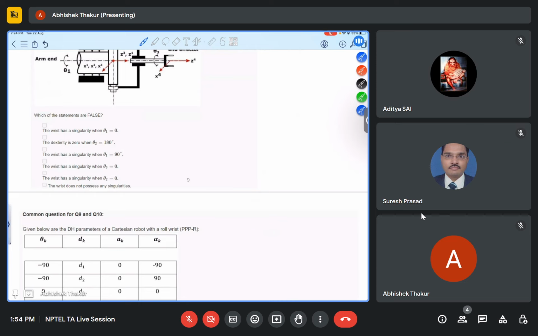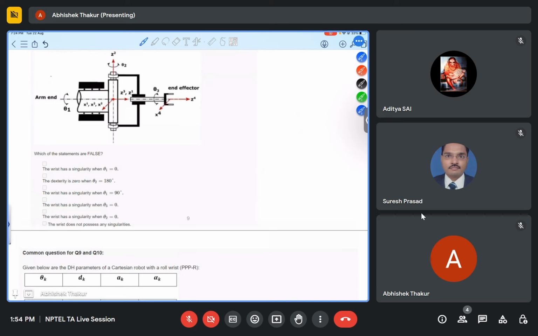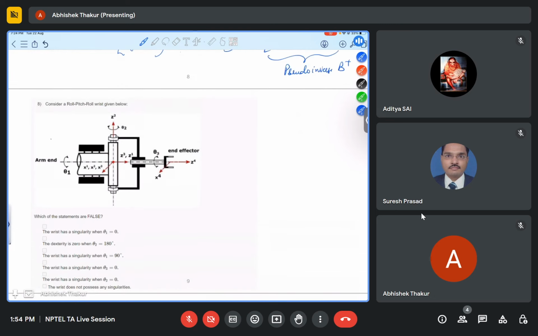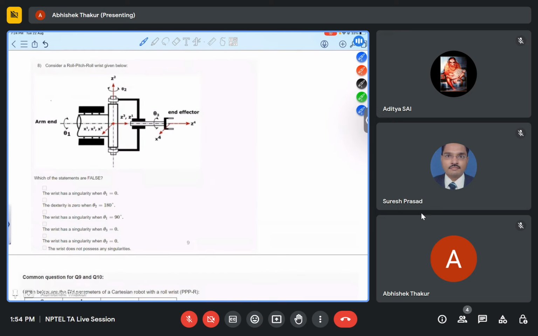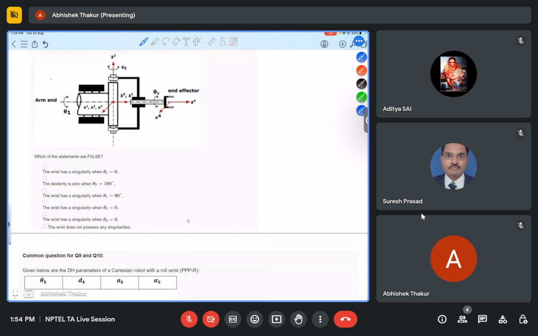We'll see the first statement: the waist has a singularity when theta 1 is equal to 0 degrees. Theta 1 is rotating along. First, we'll see what the correct statements are, because the question asks which statements are correct.